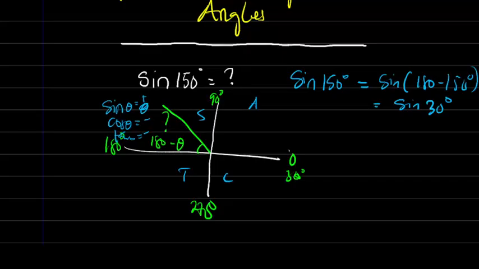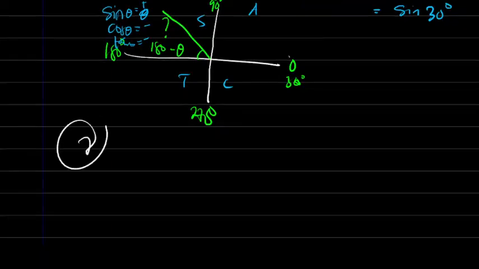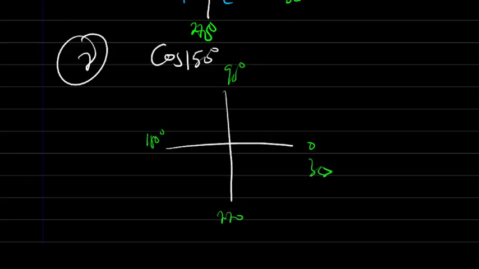What about, let's say we are given cos 150 degrees? How are we going to deal with that? 150 degrees is in the second quadrant also, and in the second quadrant, all students take calc.